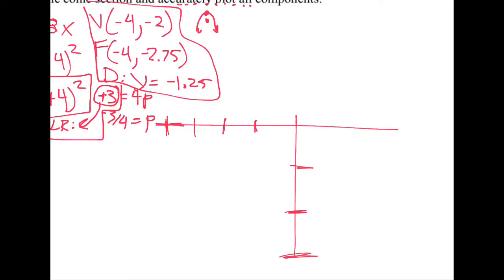All right, now -4 is the x value of the vertex, -2 is the y value, so we get that little fella right there for my vertex. Where's my focus? Well, it is 0.75 below that, so my focus is going to be right down there. Where's my directrix? It is 0.75 above that, so I'm getting that horizontal line y equals -1.25, and I can sketch this little teeny tiny parabola in and call it a day.